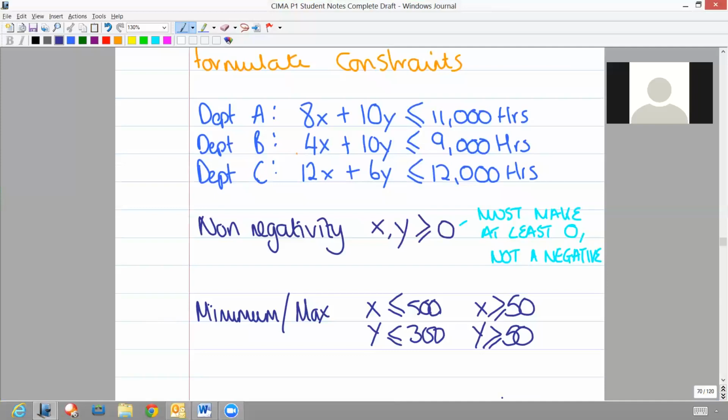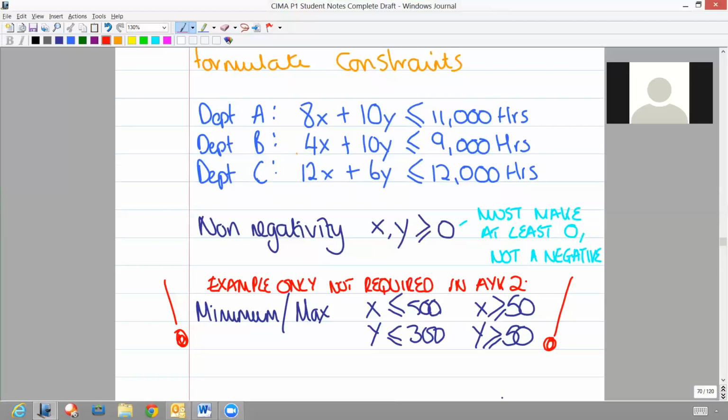But in this particular question, we don't have any minimum or maximum demand. So I'm just going to say here that this is example only, not required in this particular question, and apply your knowledge to.